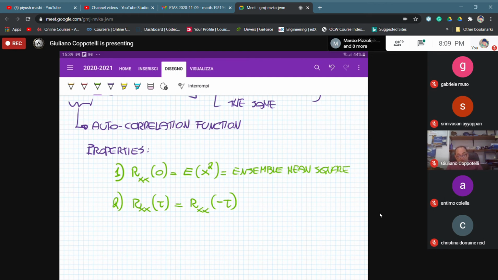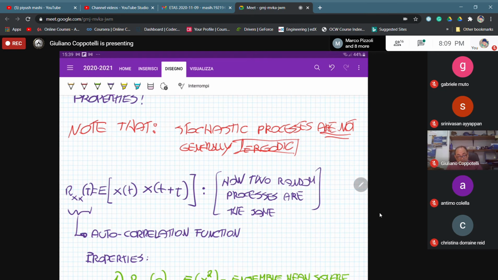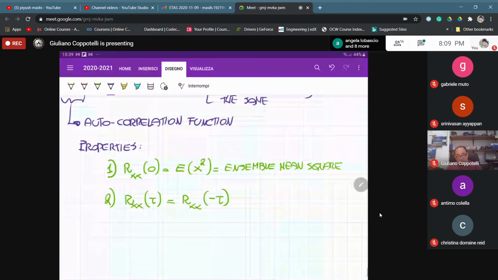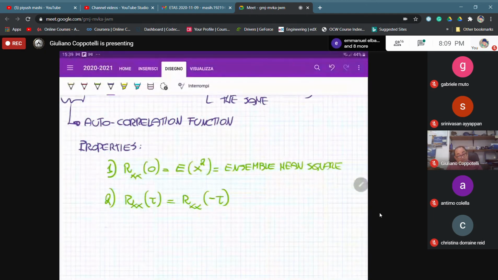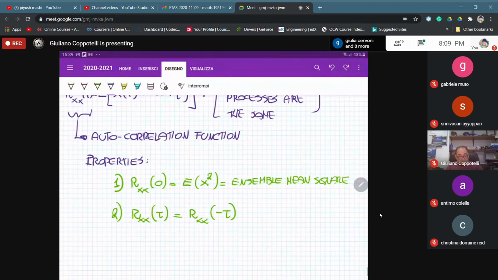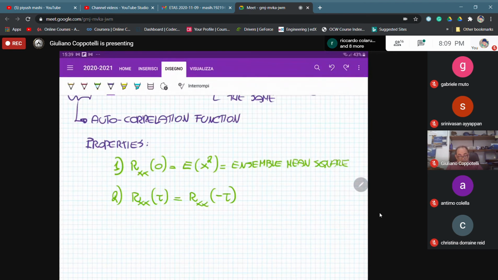And there is a third property, which refers to the fact that the maximum value of your autocorrelation function is at the time shift equal to 0.